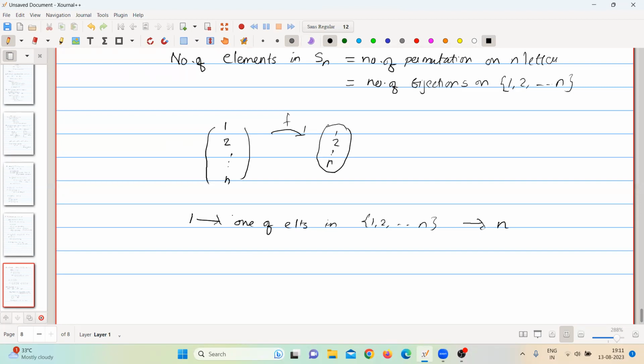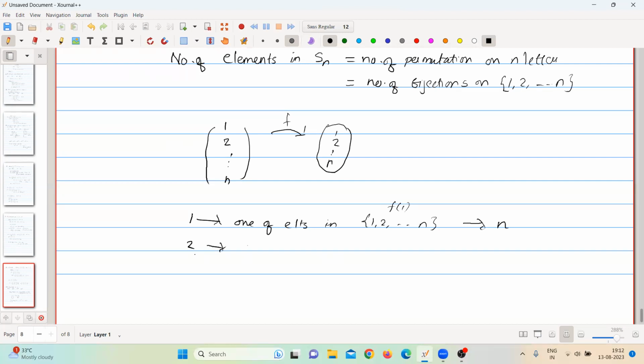Now the second element. For the second element, we cannot take all the n elements, because 1 is already mapped to f of 1, which belongs to this set. To that f of 1, we cannot map 2 because f is a bijection.